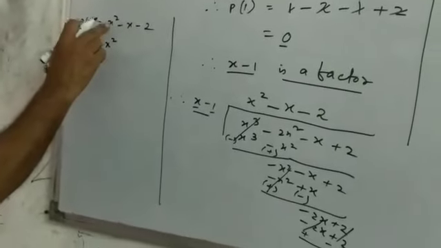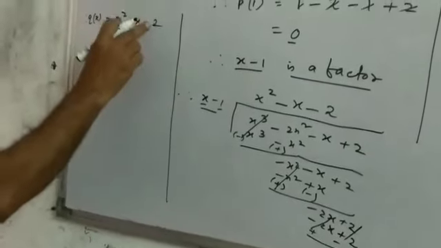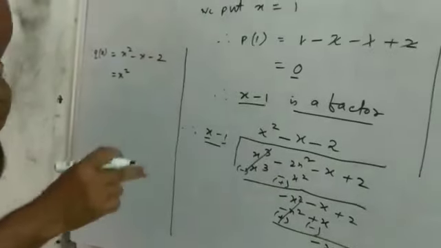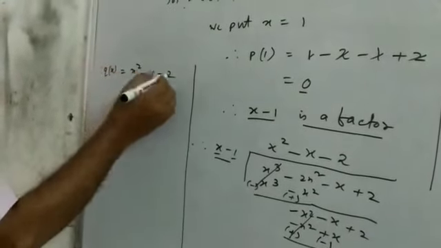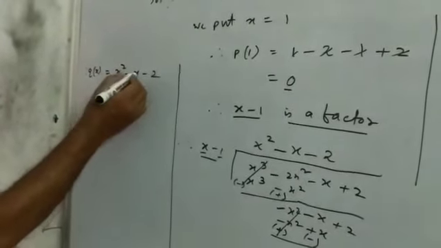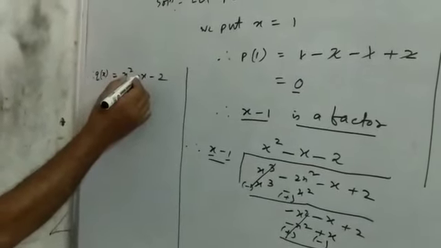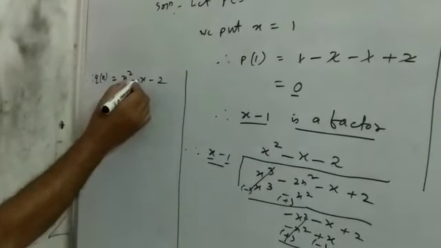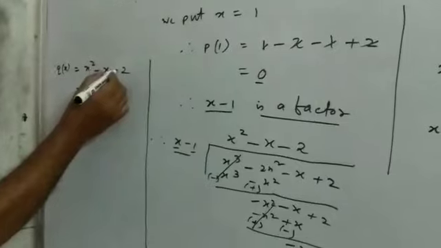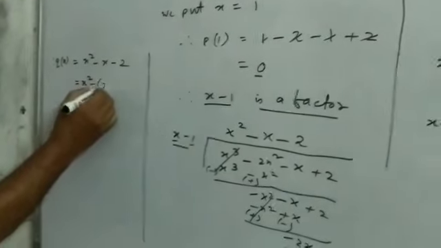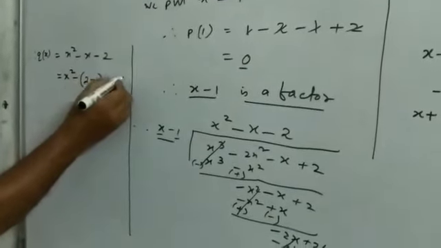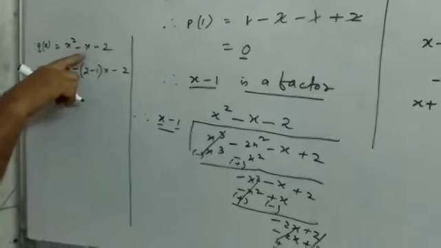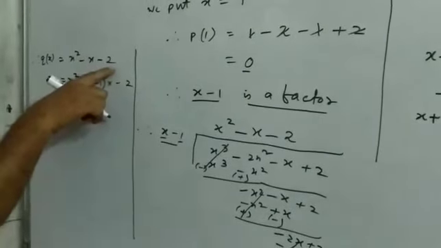Here the coefficient of x square is 1. 1 into 2, 2. The coefficient of x is 1. So we will split 1 by subtracting, because the sign of the last term is minus. So you see here 2 minus 1. 2 minus 1 is 1, and 2 into 1 is 2.